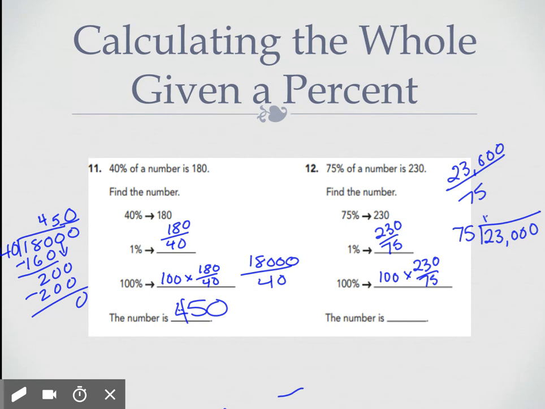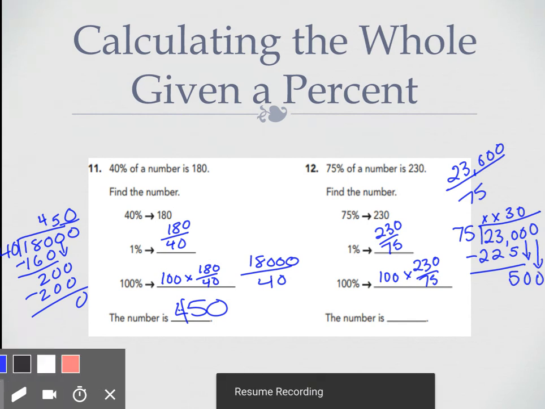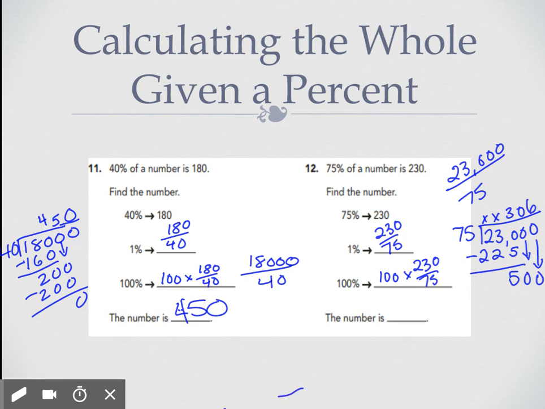75 doesn't go into 2. It certainly doesn't go into 23. But 75 does go into 230 3 times, and it's 225. I subtract. I'm left with 5. I bring down 50. 75 can't go into 50, so I put a placeholder of 0. 75 then can go into 500 6 times, and 75 times 6 is 450.